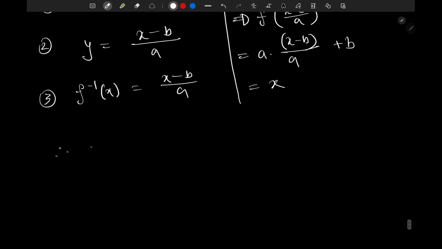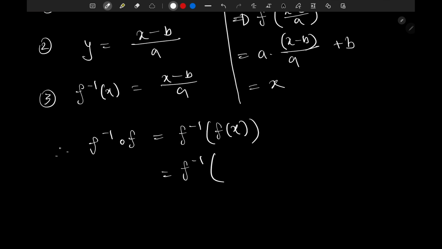Let's do the other way around. So f inverse f, the functional composition. Now you want to do f inverse of f of x. That is, f inverse is what? (x minus b) divided by a, right? Let me just do it step by step so that everyone can understand.